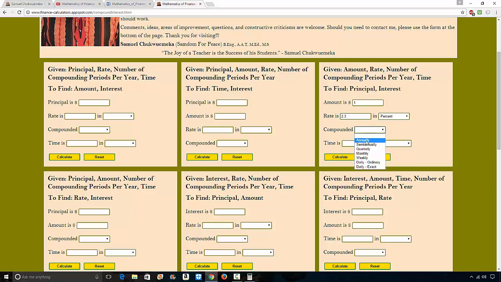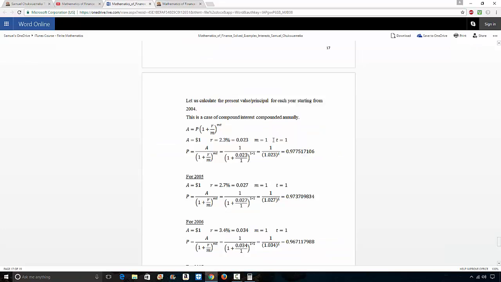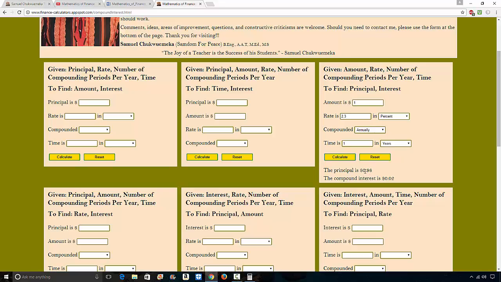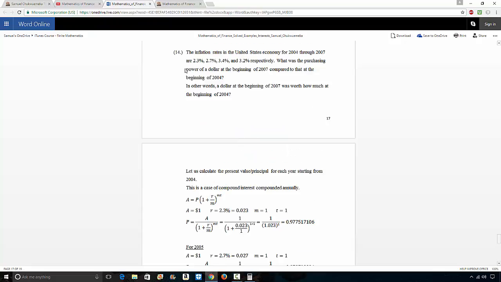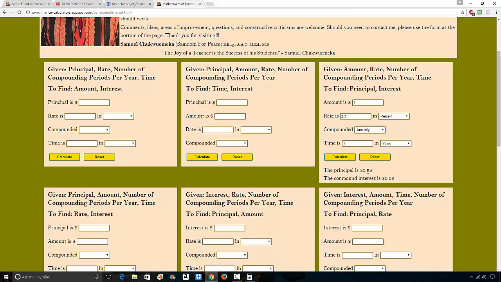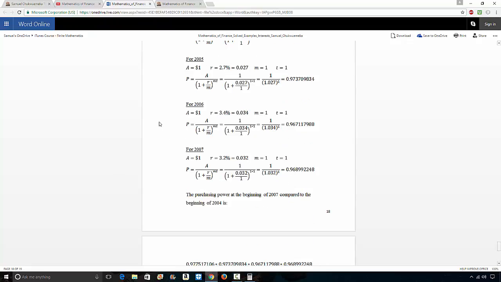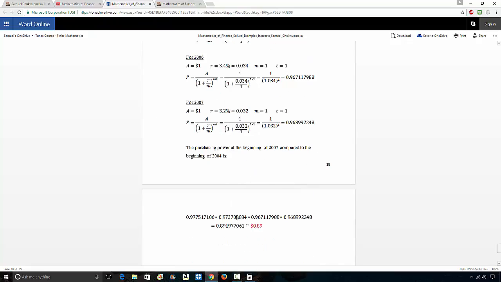And this is compounded annually. And the time is 1 year. Calculate. So the principal is 0.98. But with this particular last question, I suggest that you don't do this, because I rounded this to 2 decimal places. This question particularly, you have to do it for 2004, 2005, 2006, 2007, and then you multiply everything. So you really don't want to round it up until the final answer, just like I said earlier.